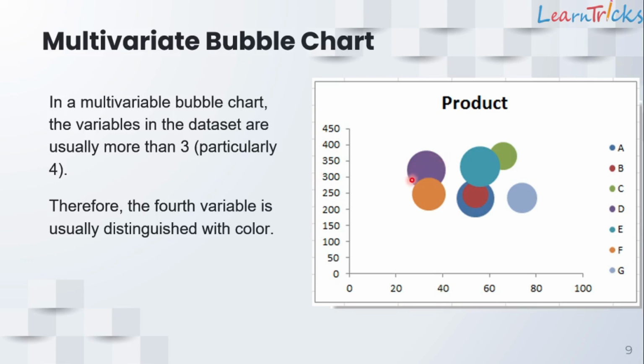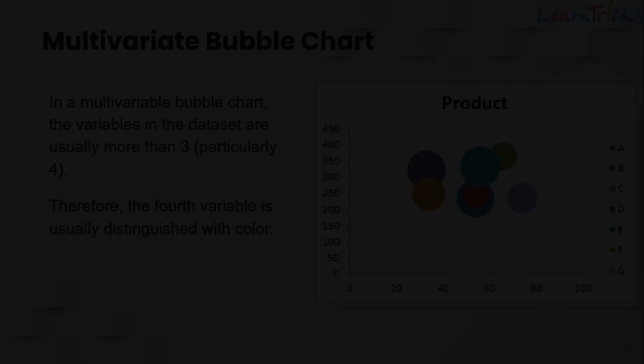And the fourth dimension we can include by using different colors. So this is called a multivariate bubble chart, where there are at least 4 variables or 4 dimensions.